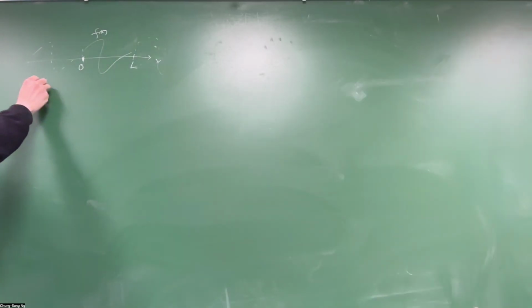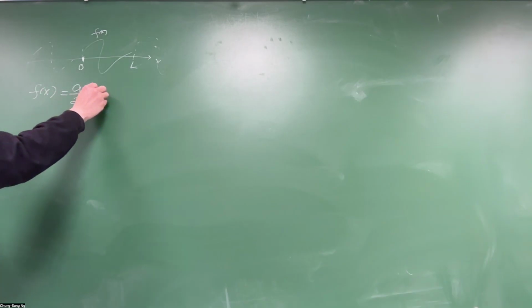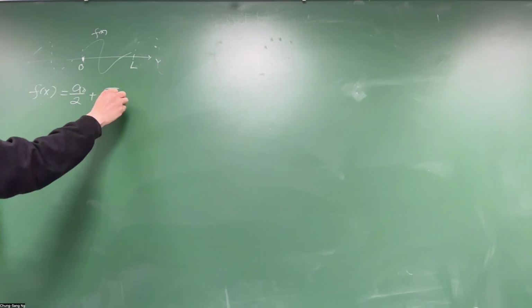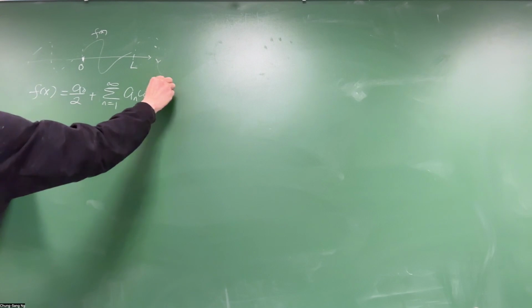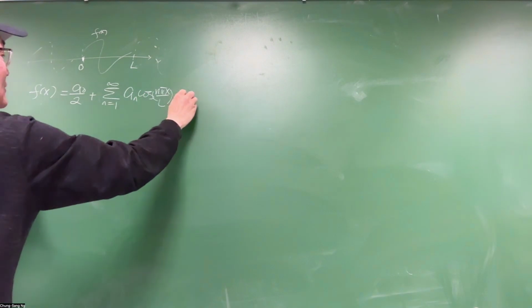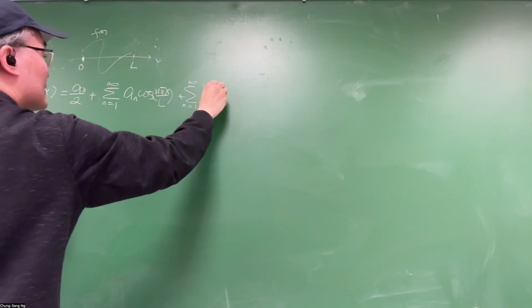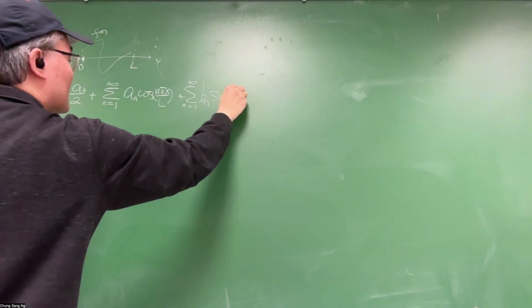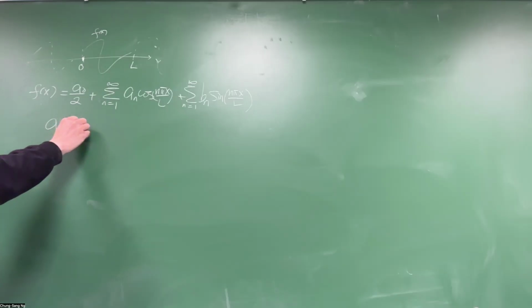This is 19.10. If the period is 2L, then f is a sum over n of a cosine term, n pi x over L, and the sine term. And then all the coefficients are given.